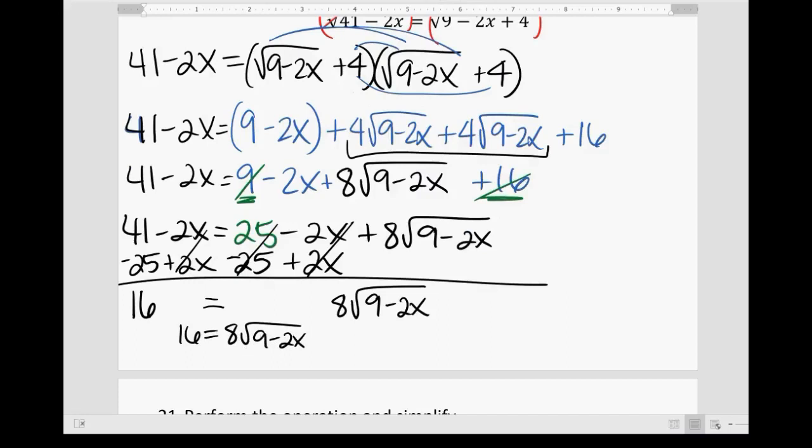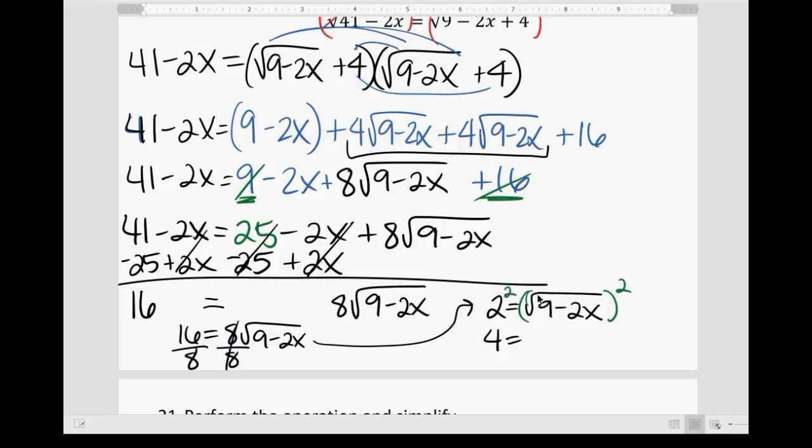I'm trying to get that square root by itself, so I'm going to divide by 8. So I'm going to have 2 equals the square root of 9 minus 2x. Now I have this square root by itself, so I'm going to square it, and I end up with 4 equals 9 minus 2x.